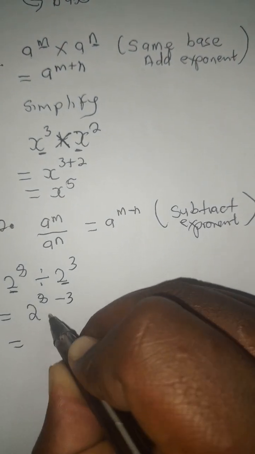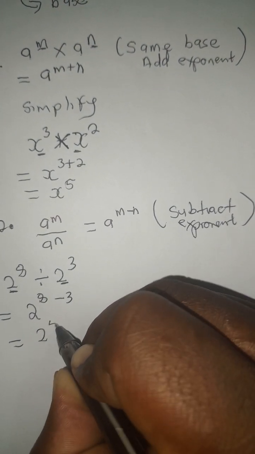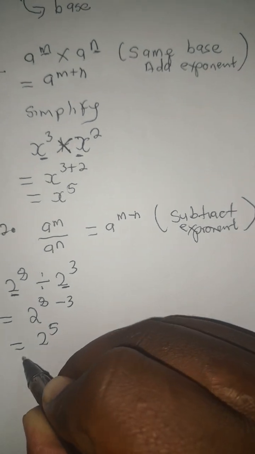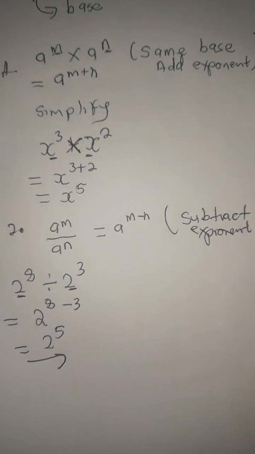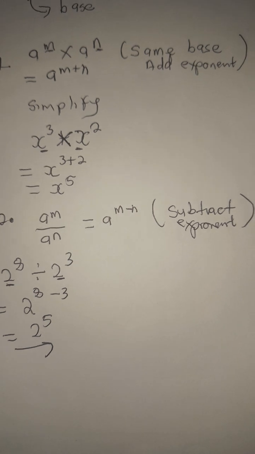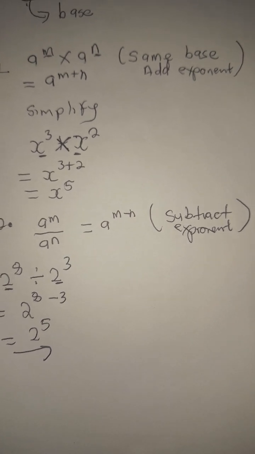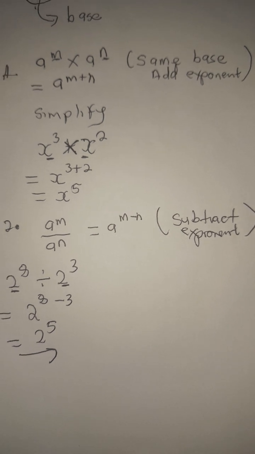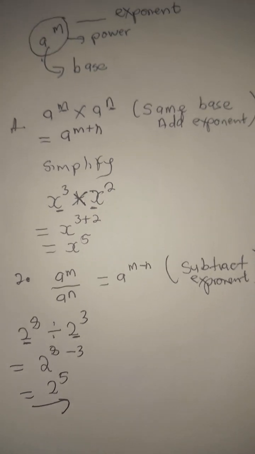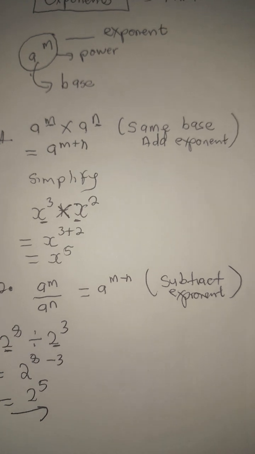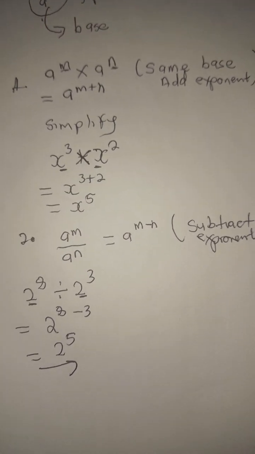So this will be 8 minus 3, this will be 2 to the power of 5, right? So it's in an exponential form. I hope, guys, I'm making sense in this, right? So it's very essential that you know this, right?